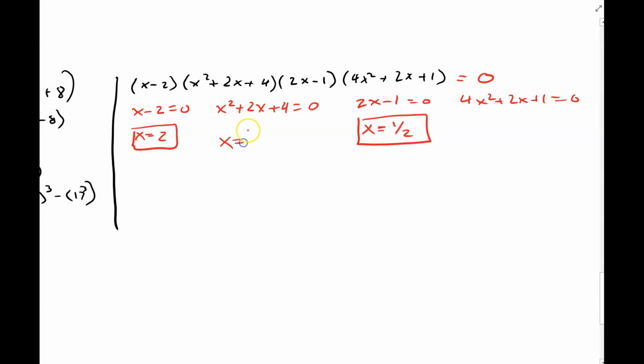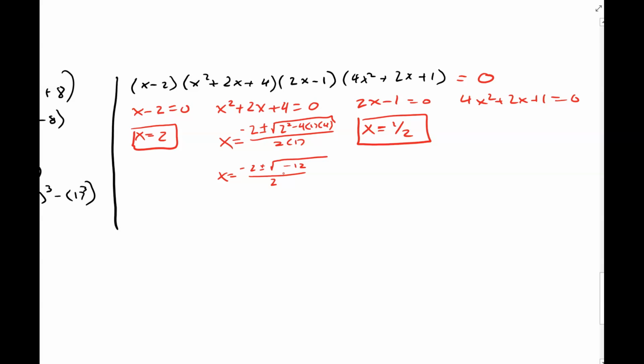So x equals -b plus or minus square root b squared minus 4ac all over 2 times a. 2 squared is 4, and 4 times 1 times 4 is 16. 4 minus 16 is -12, and 2 times 1 is 2.